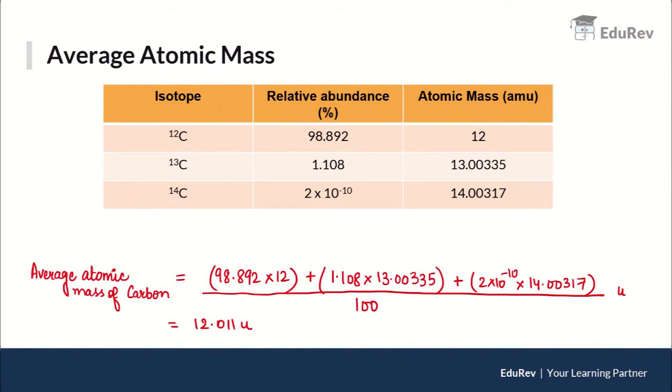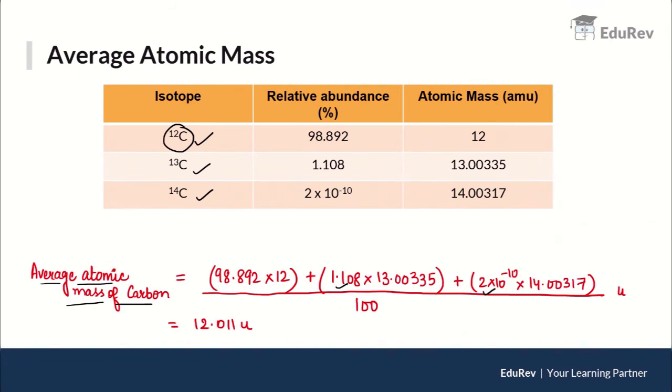So in this table you are given the carbon 12, 13 and 14 isotopes and the corresponding relative abundance, and the atomic mass is given for each isotope. Now, if you have to calculate the average atomic mass of carbon, it will be equal to the percentage relative abundance, which is 98.892 into 12, since we are calculating for carbon 12, and similarly for carbon 13 and carbon 14.